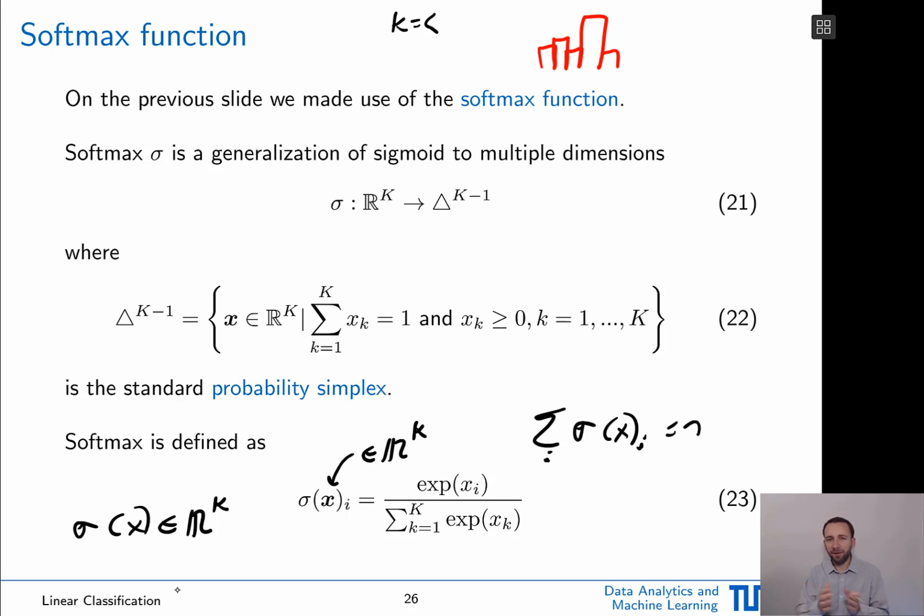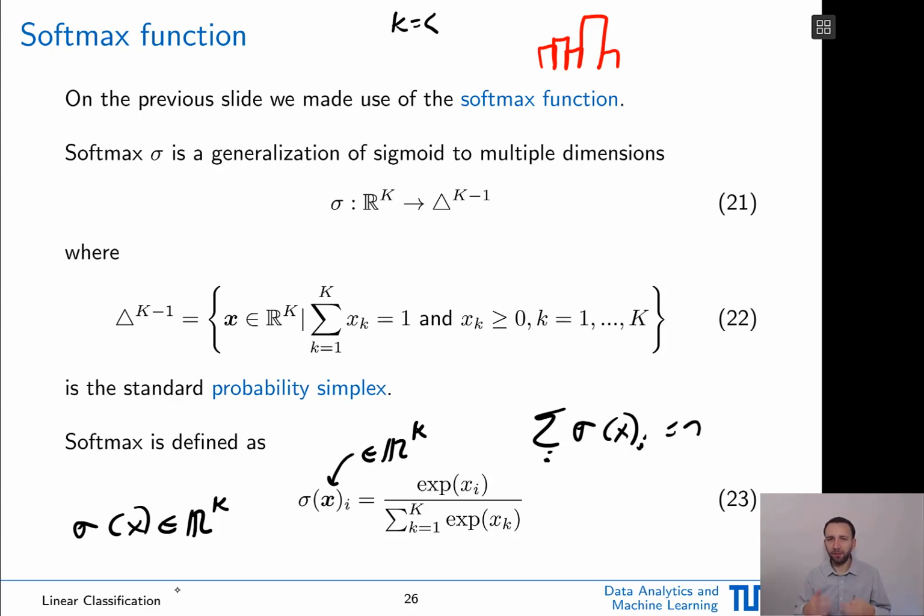If you know the first k minus 1, you know the last, because it has to sum up to 1. In general, it maps from the arbitrary k-dimensional domain to the domain of non-negative vectors which sum up to 1, which you can interpret as probabilities.